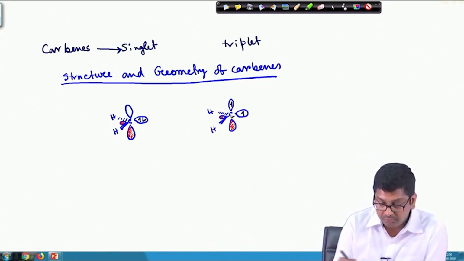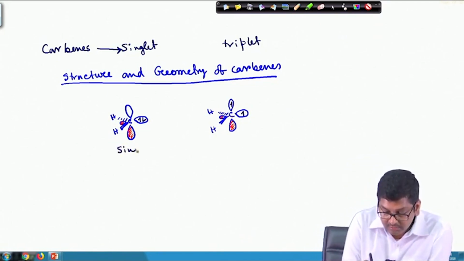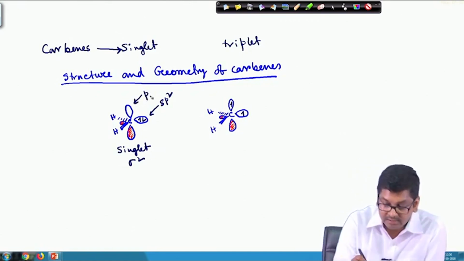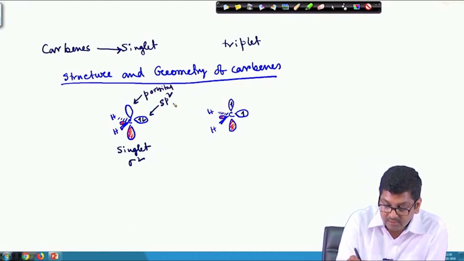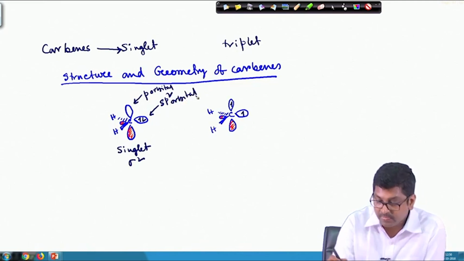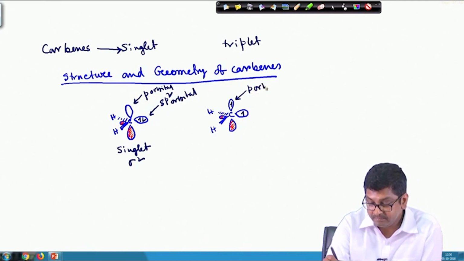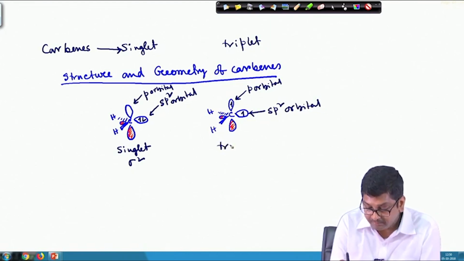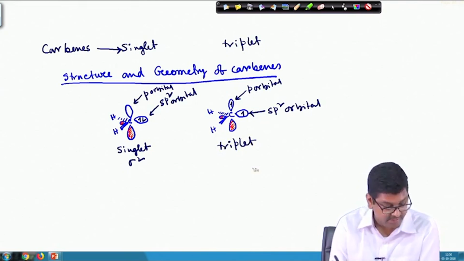So, this is called singlet, and here this is the sp2 and this one is the p orbital. Similarly here, this is called triplet carbene.